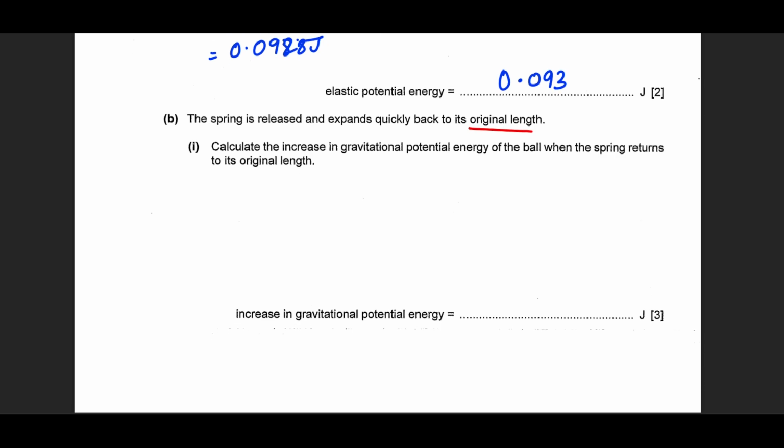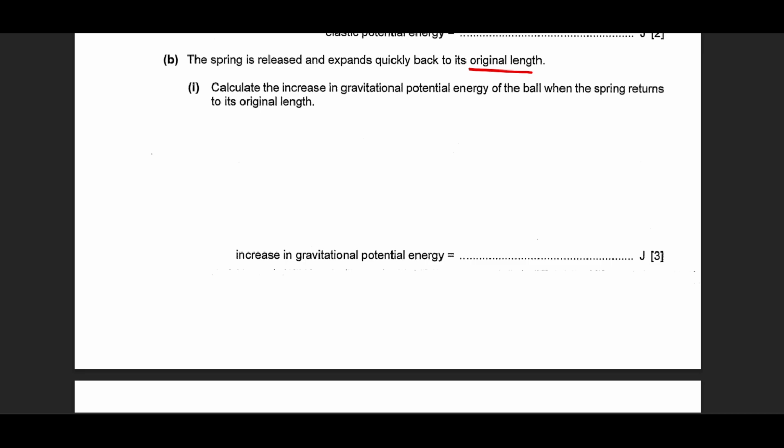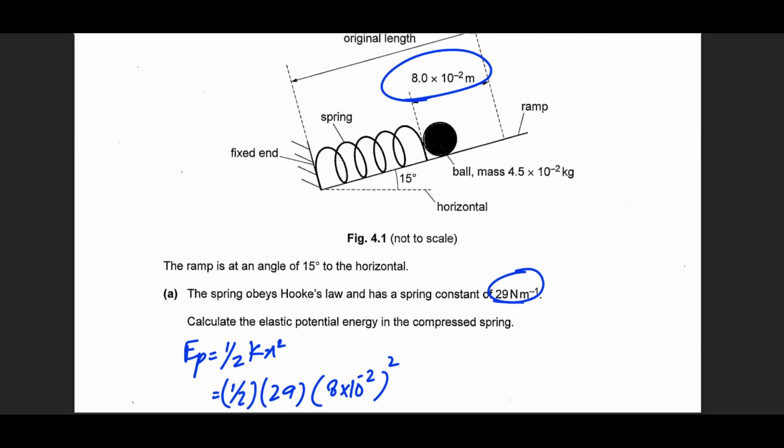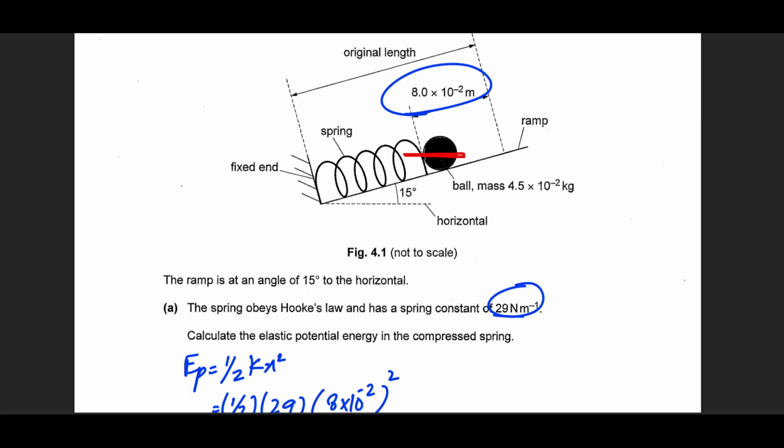Calculate the increase in gravitational potential energy. Okay, a question that looks complicated, but it is not. So previously the ball is located at this point. Now the ball will be located at this point when it actually moves from this point to this point, right? So we can make a small triangle in this location. We can see that this length is covered and this would be the triangle, right?